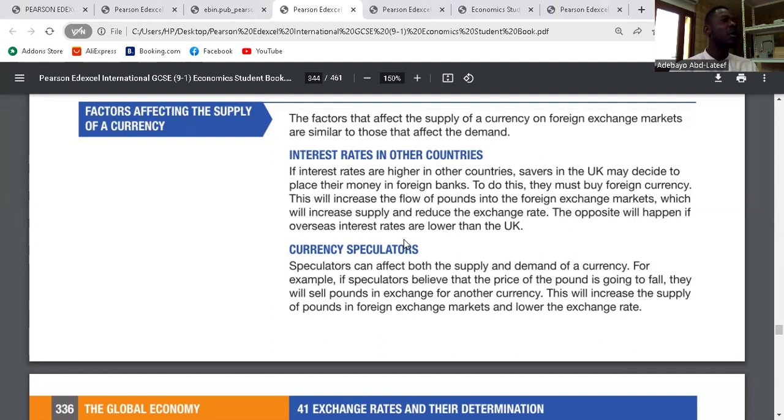It means more of the UK pounds would leave the market in exchange for foreign currencies. Do you get it? So that means the value of the UK pounds would fall. If the supply of the country's currency increases, the value will drop. So the supply is increasing here because interest rates in other countries are higher than that of the UK. Is it clear?